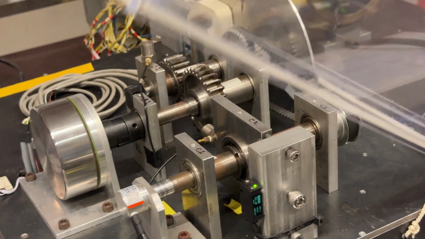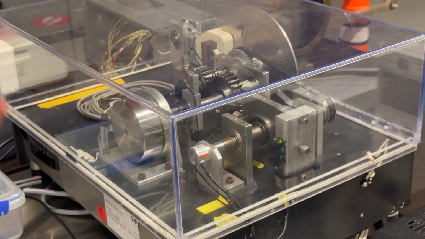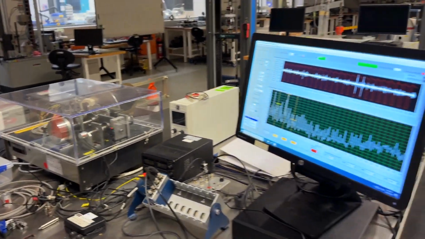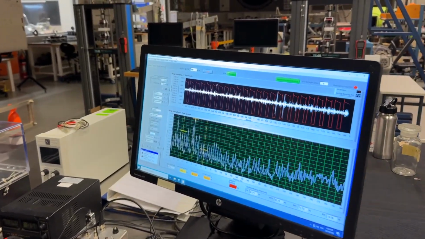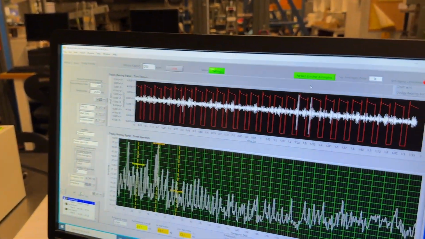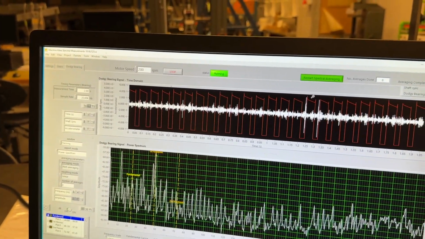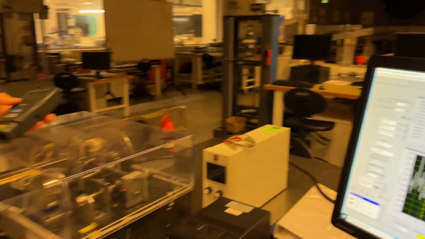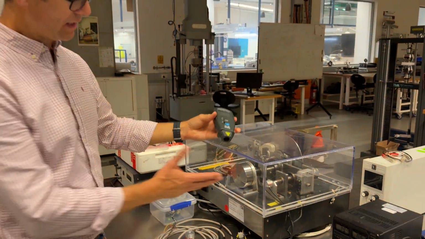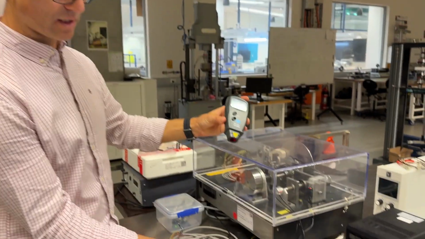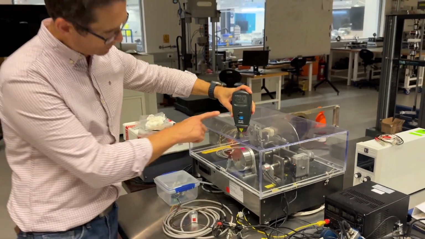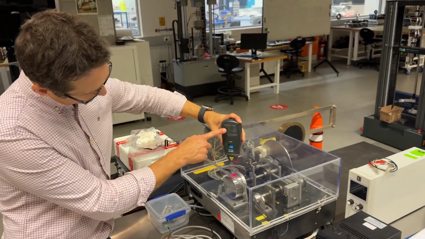If I close the lid here, it's going to be a little bit quieter when I run it. I can start the motor running at, say, 200 RPM using this software that we've produced at UTS. I have a handheld tachometer in my left hand here. This is another laser source. We can turn the tachometer on and we can measure the frequency.